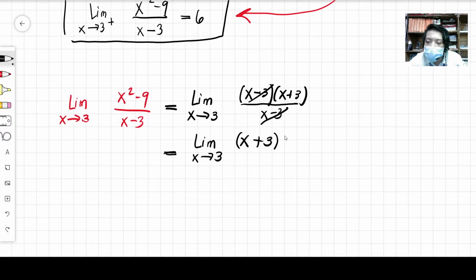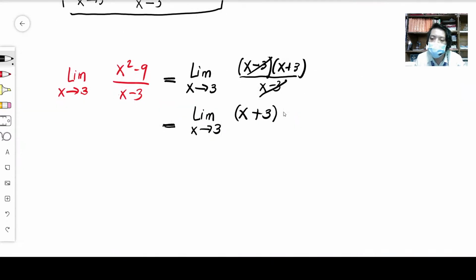Now this time, you can directly substitute, because it is an algebraic function. From a rational function, it has been reduced into a polynomial function, I mean. Okay, a rational function is also an algebraic function, right, ma'am?